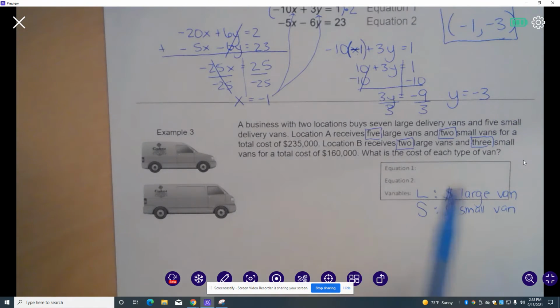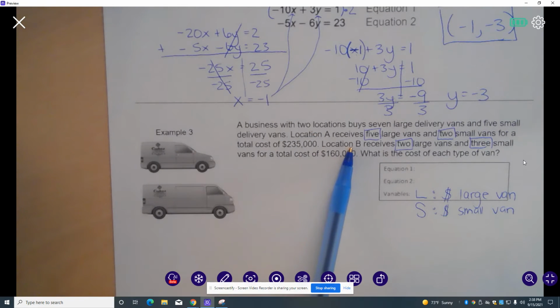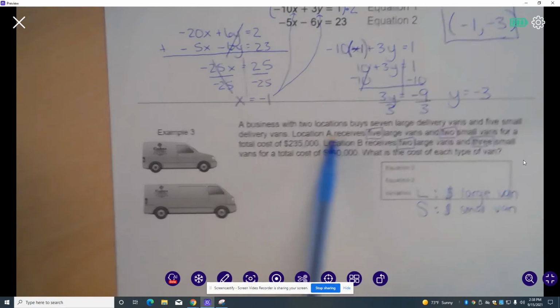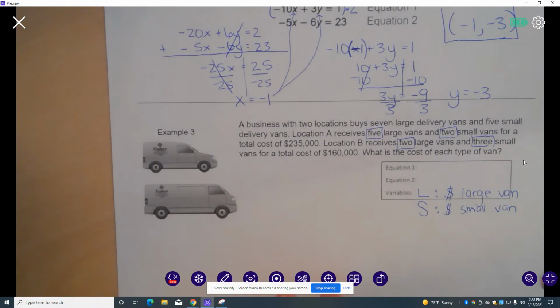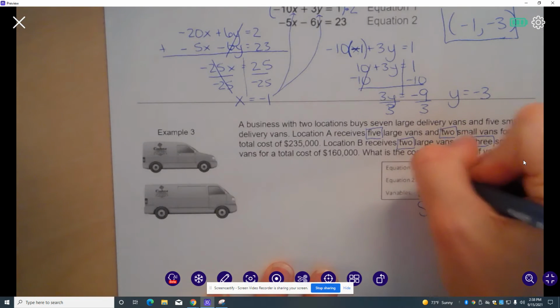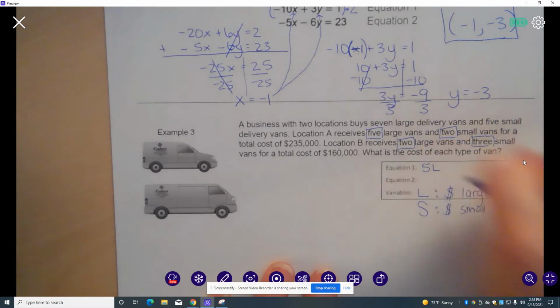You can tell I'm going to get my equations from location A and location B. So equation 1, they had 5 large vans. So the total cost of their large vans will be 5L, 5 times the cost of each large van.